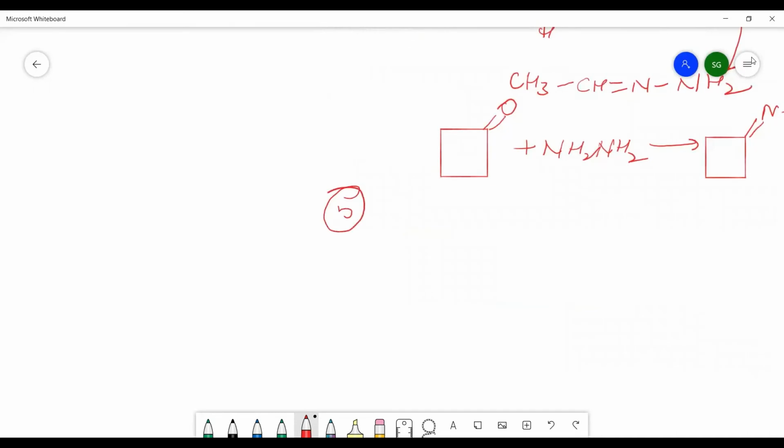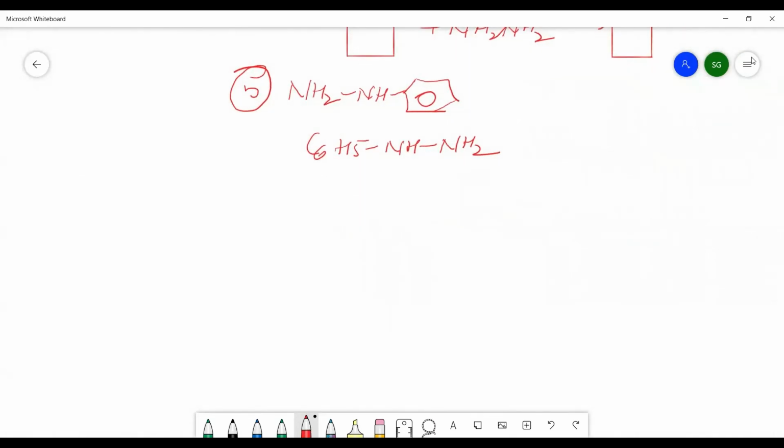Now we will discuss another compound, that is phenylhydrazine. In hydrazine, one hydrogen is replaced by a phenyl group. That will be C6H5NH2. And when it reacts with an aldehyde or ketone, suppose you take butan-2-one, it reacts with the phenylhydrazine.